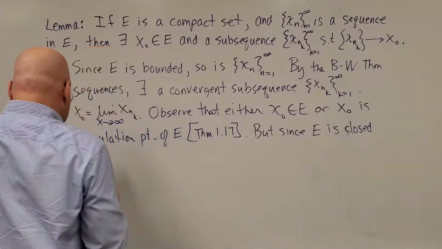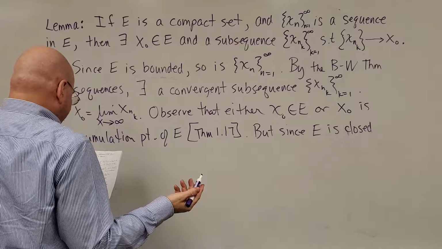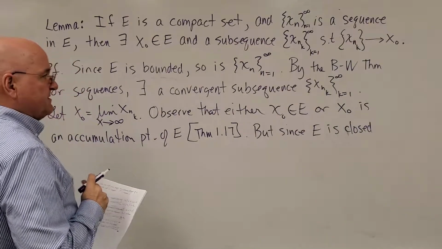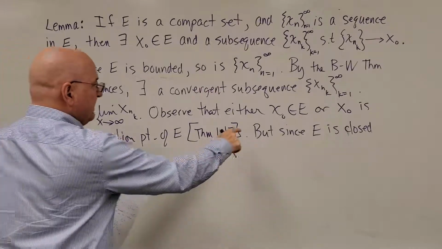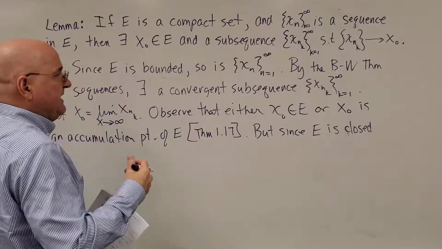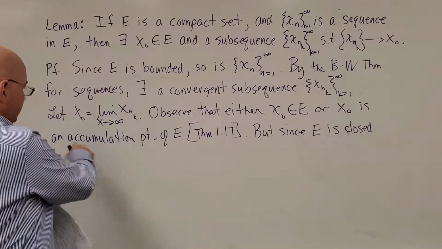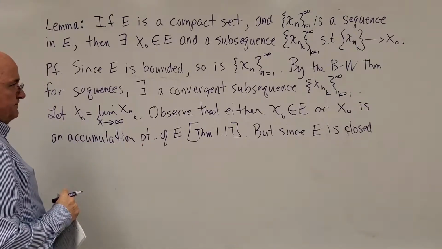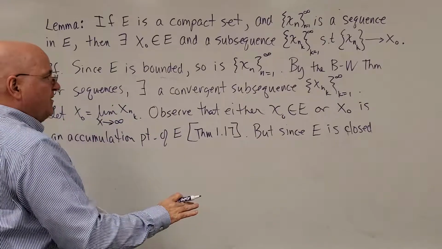Since it's closed, it contains all of its accumulation points. Therefore, X naught being an accumulation point, if it is an accumulation point, then it's contained in the set E. So we've covered all the bases.